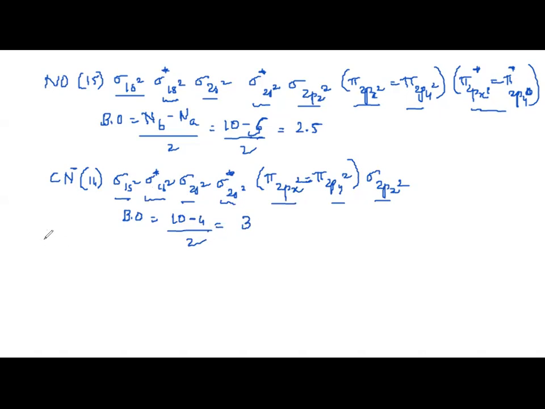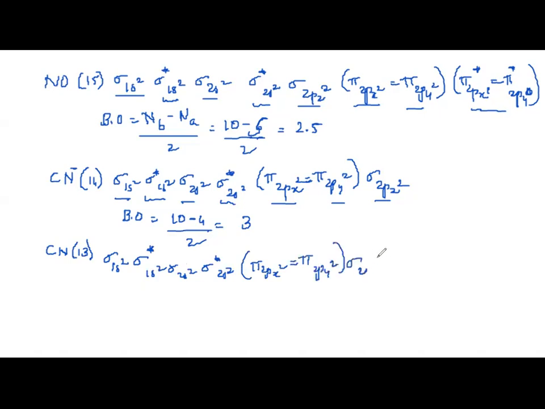Third option, CN. So how many electrons for CN? It will be 13, correct? So this all remains the same. I'll write it since it is the first question on molecular orbital theory. Sigma 1s2, sigma star 1s2, sigma 2s2, sigma star 2s2, pi 2px2 equal to pi 2py2, then sigma 2pz1, because here it is 14, here it is 13.